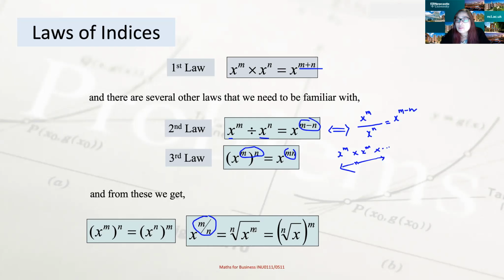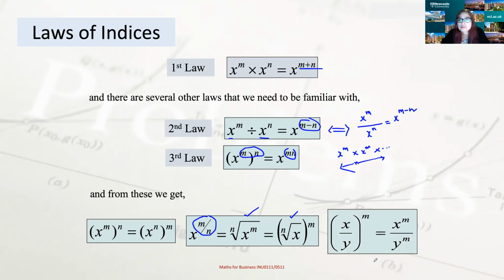Either way is correct. Then you have the base as a fraction, with only one power. It simply means x to the power of m divided by y to the power of n. That is, you're giving the power back to each of them. That's it.